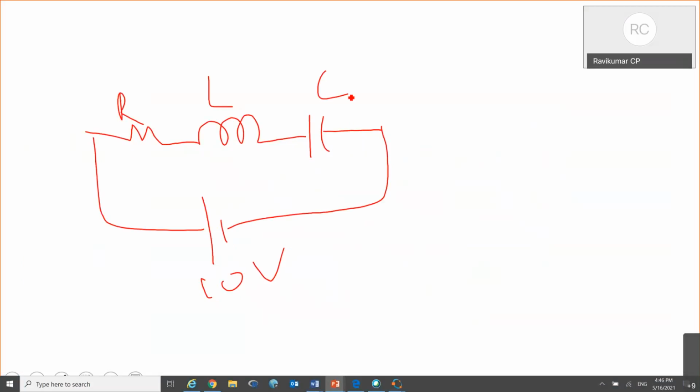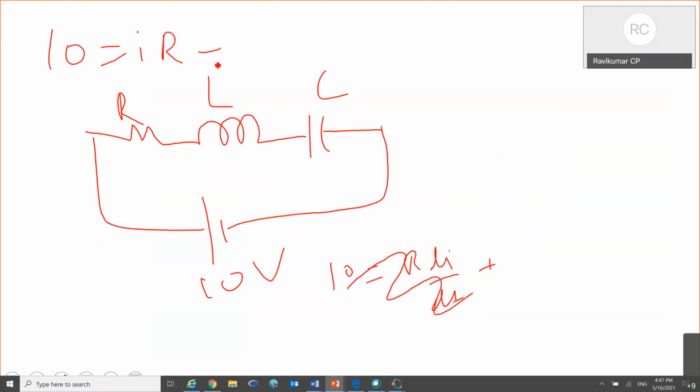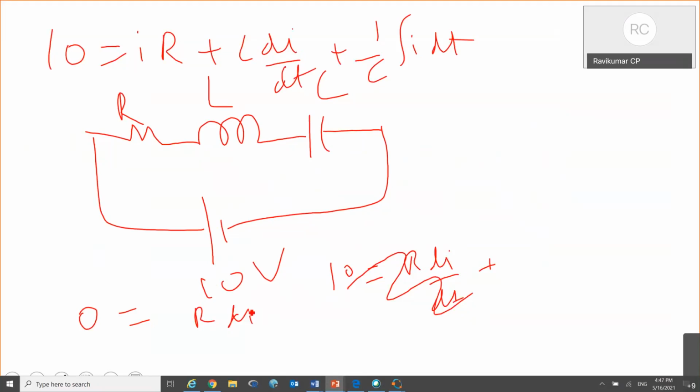So the equation is 10 equals IR plus L di by dt plus 1 over C integral I. If we differentiate, we get 0 equals R di by dt plus L d square I by dt square. So it's a second order differential equation.